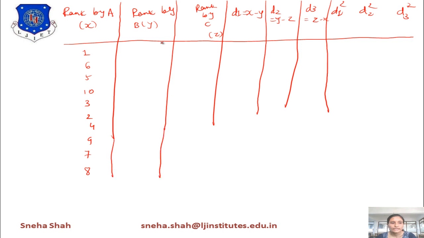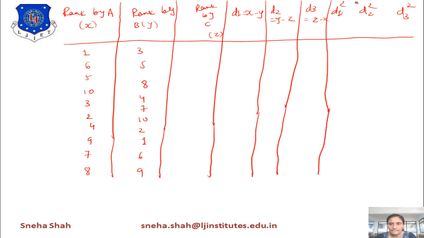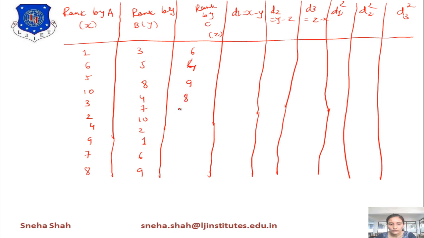Now rank B is given like this: 3, 5, 8, 4, 7, 10, 2, 1, 6 and 9. Similarly, I will write the rank given by judge C, which is considered as Z. It will be written like this: 6, 4, 9, 8, 1, 2, 3, 10, 5, 7.